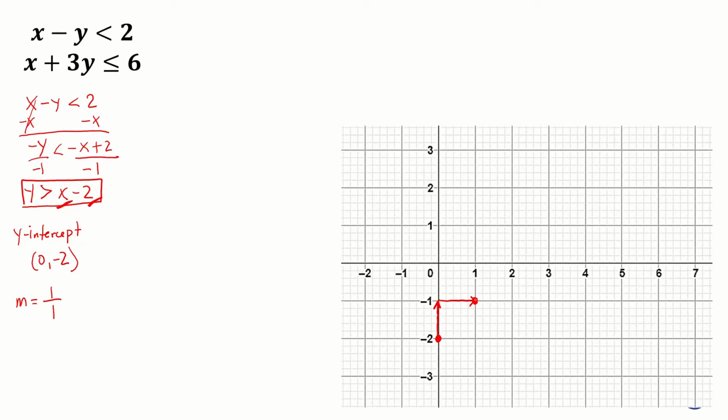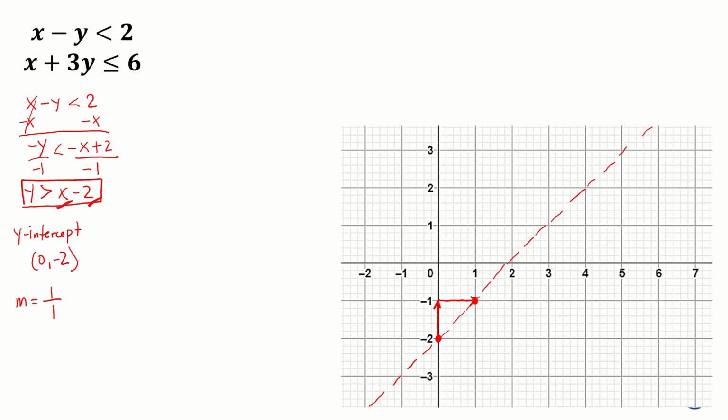Now that we have those two points, we will connect them using either a dashed line or a solid straight line. Since this is a non-inclusive inequality, we will use a dashed line. I know it's not that pretty, but imagine it's a straight line, so it's a dashed line.